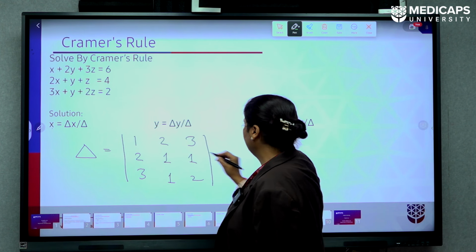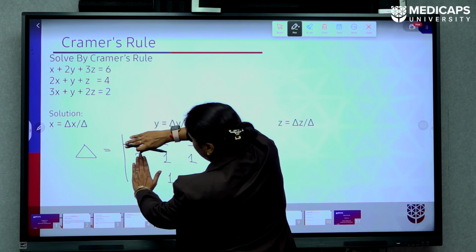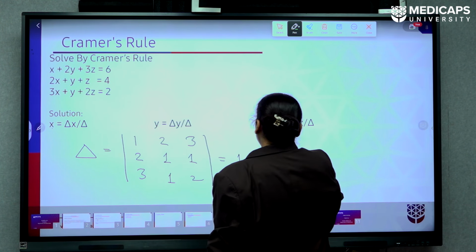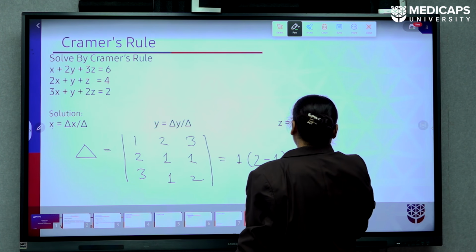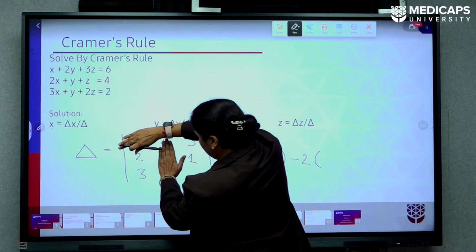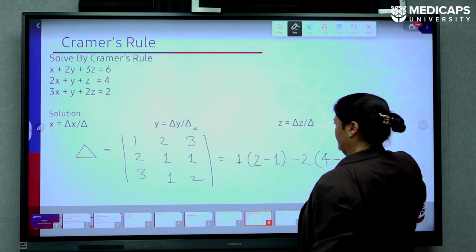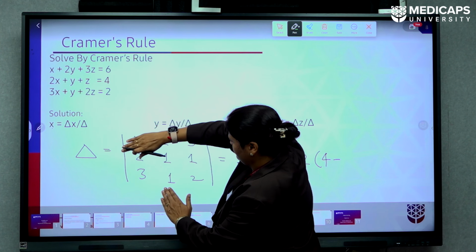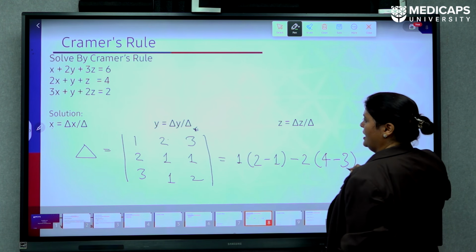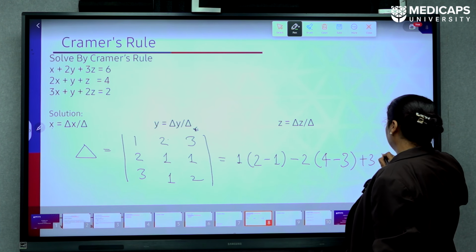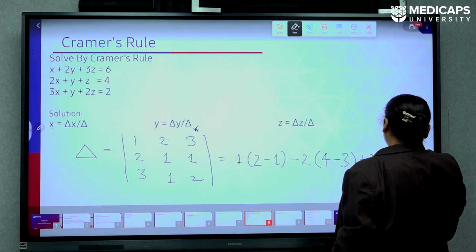We are expanding corresponding to the first row. So hiding this and this, 2 minus 1 minus 2 into, hiding this and this, we have 2 into 4 minus 3, and then plus 3 into 2 minus 3.